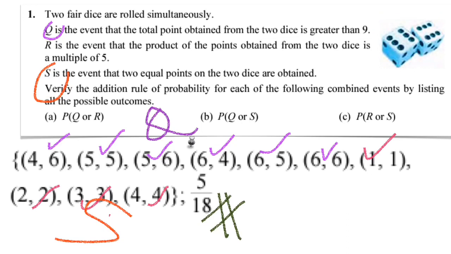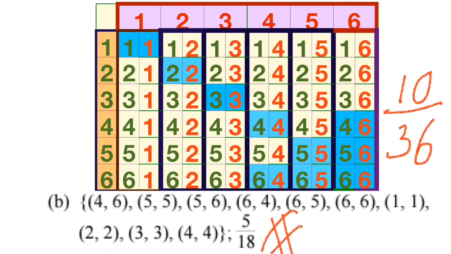So from the table, what I highlight in blue color are the events that are Q or S. So from the table it shows clearly you have 1 1, 2 2, 3 3, 4 4.